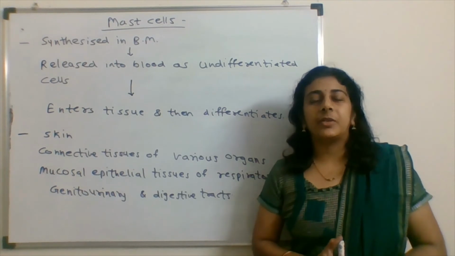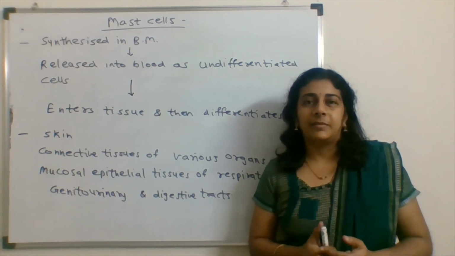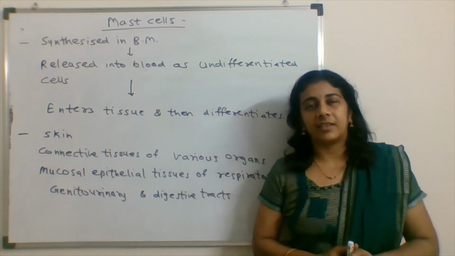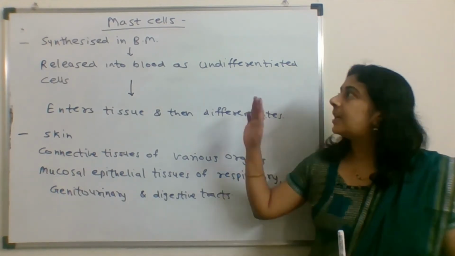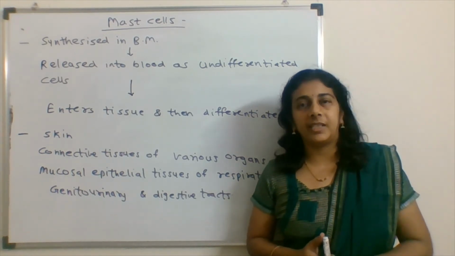IgE टाइप की जो एंटीबॉडी होती है वो भी रिस्पॉन्सिबल होती है एलर्जिक रिएक्शंस क्रिएट करने के लिए. Mast cells have receptors for this antibody IgE.